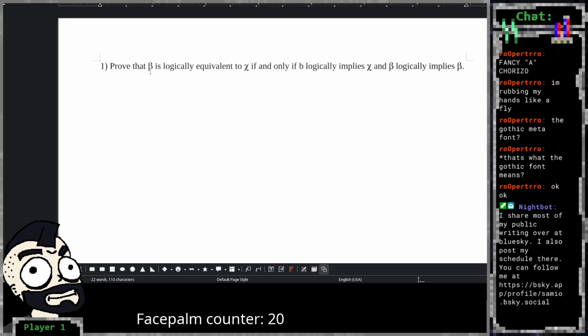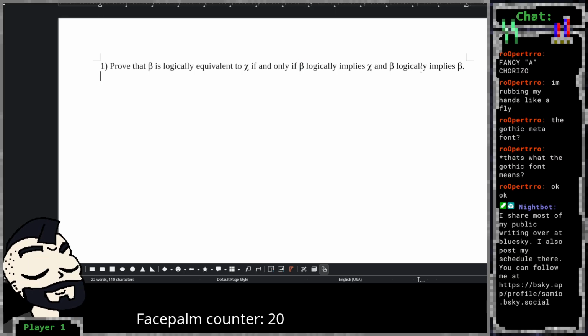Okay, so prove that beta is logically equivalent to psi if and only if beta logically implies psi and psi logically implies beta. Okay?